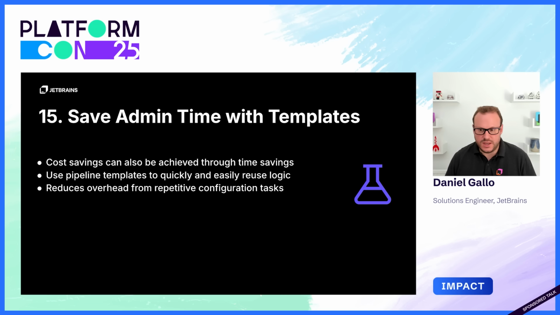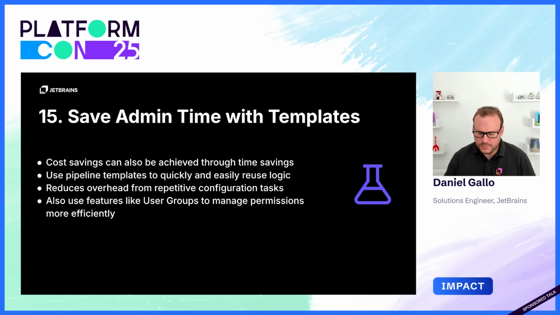So it reduces the overhead from the repetitive configuration. And you can also consider making use of other features within the Cloud CI to have additional time savings. For example, if you make use of user groups to manage permissions rather than granting user access at the individual user level, you get a time saving from that side of things.